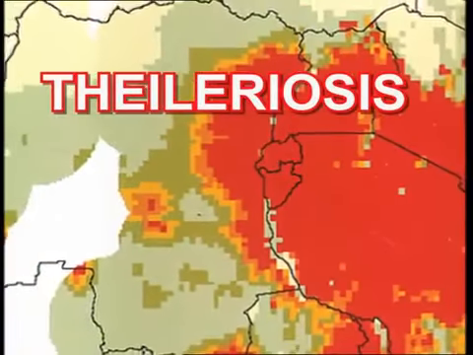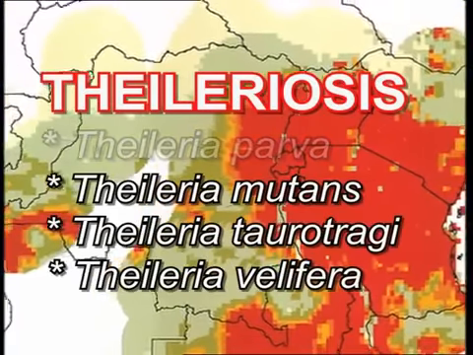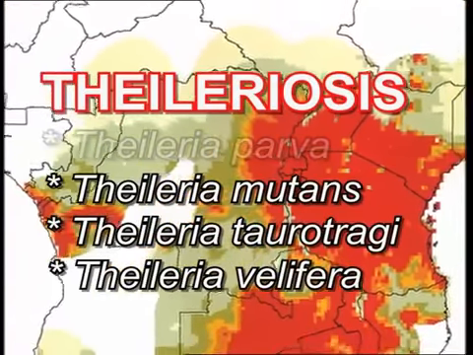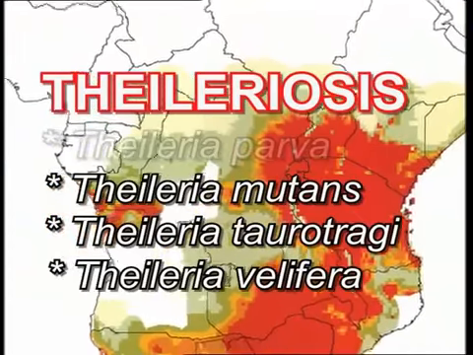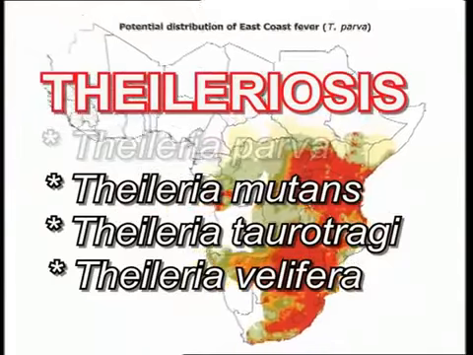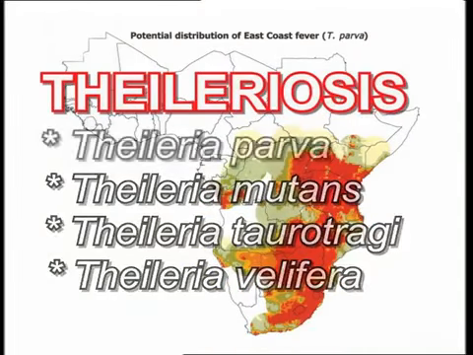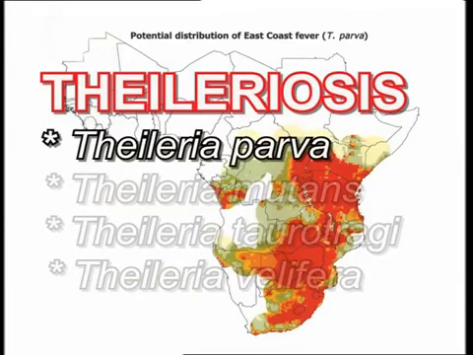Theileriosis is a general term used for infections in cattle with one or more of a number of Theileria species. Some of these may cause only mild or subclinical disease in cattle, so-called benign theileriosis. But by far the most important and pathogenic in Africa south of the Sahara is Theileria parva.